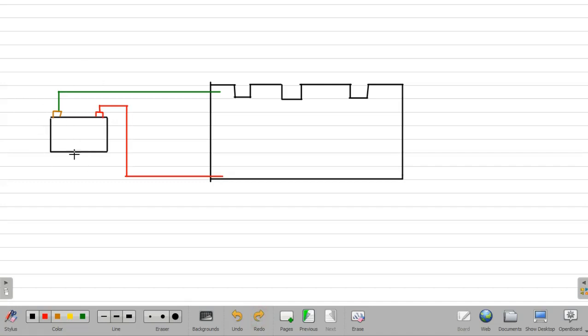This is the battery, this is a generator, and we connect this electric current to the container, such that the positive pole is here. This is the positive pole of the battery or of the electric generator, and the second one is the negative pole.